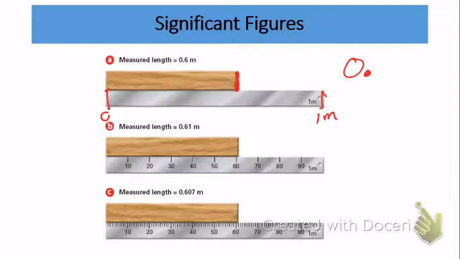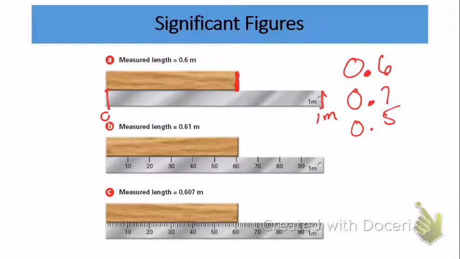So at this point, why don't you guess what that next digit might be? All right. According to this diagram, the author is going to estimate that it's 0.6, but you might estimate that it's 0.7 or maybe 0.5. I don't know.